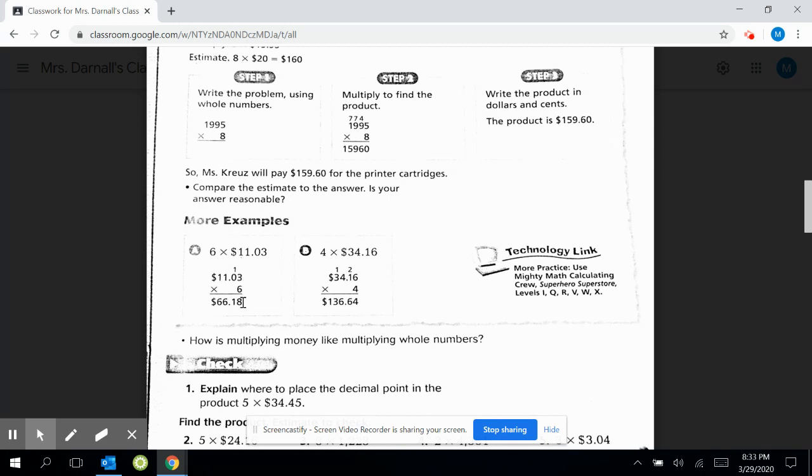So remember that you will always put 2 numbers here, and then you can bring your decimal point straight down. I've done it that way too. So you can use whichever method works best to either write it without any decimal point in it and then add it later, or you can just bring your decimal point straight down, remembering that you should have 2 numbers there.